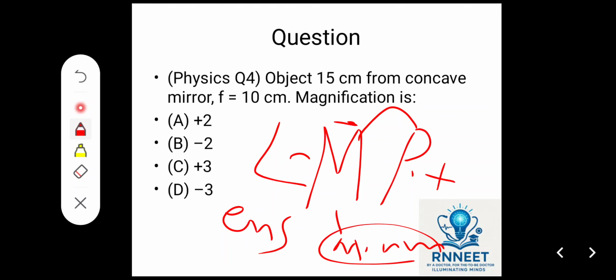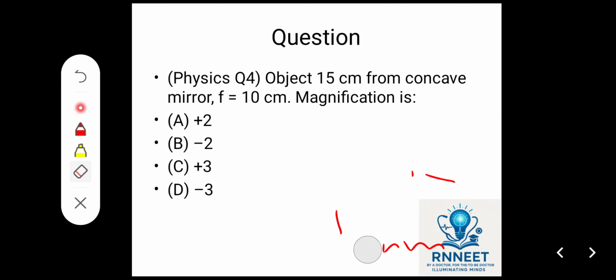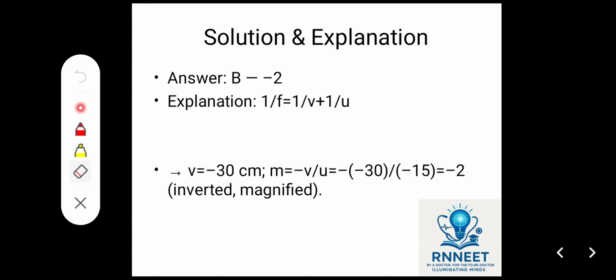So in this equation, you know it is basically a mirror. It's a concave mirror. So therefore, you're going to put the equation as plus. So the equation is 1 by F is equal to 1 by V plus 1 by U.